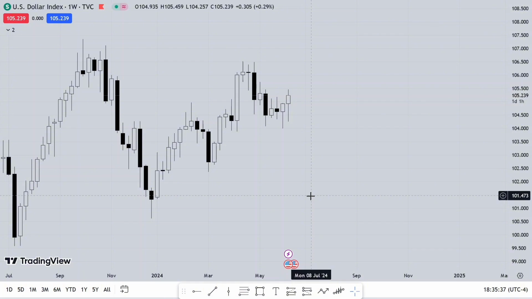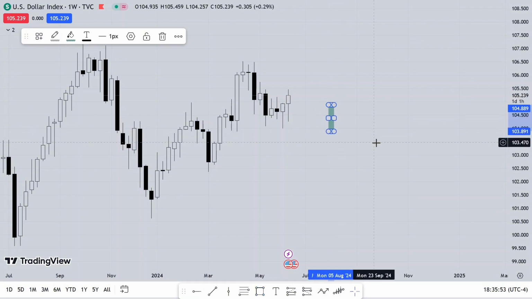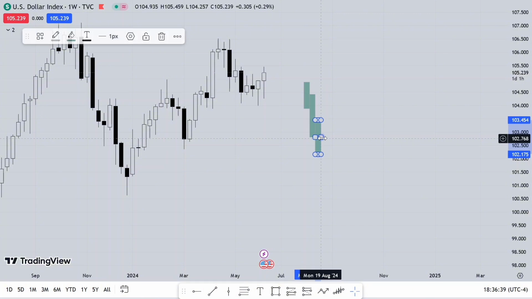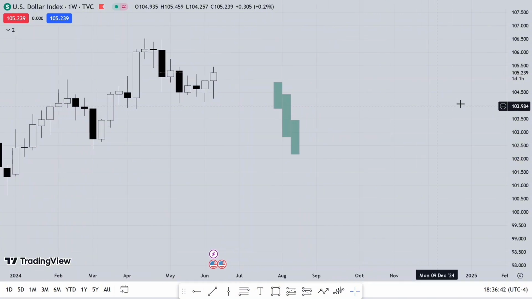Think of imbalance. An imbalance consists of three candles. You have one candle at its side here. Then you have another candle that trades lower, using a bearish imbalance for reference. So you have a candle that trades lower here, and you have the third candle that trades like this.